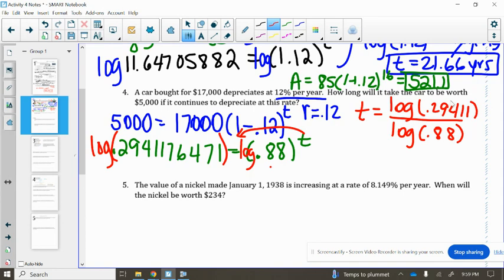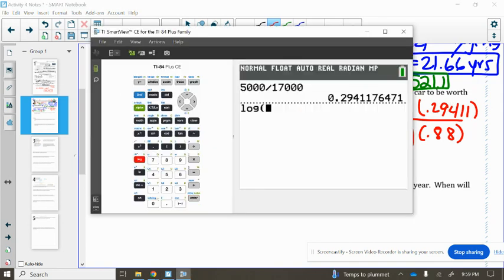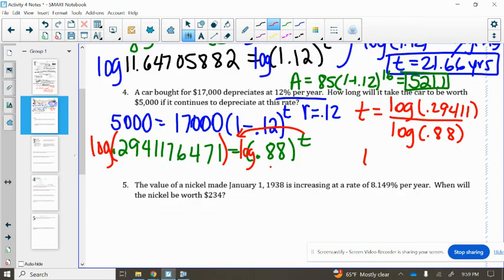So log of our 0.29, so again that previous answer up above, second negative sign, divided by log of 0.88. We see that it's going to take about 9.573 years.